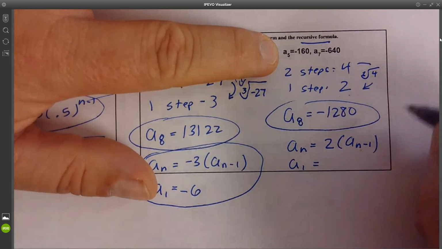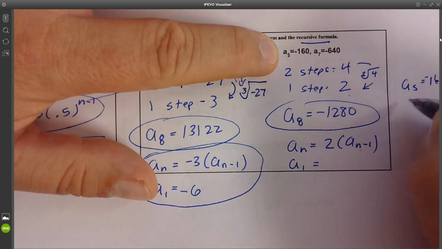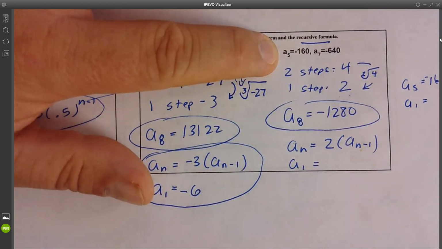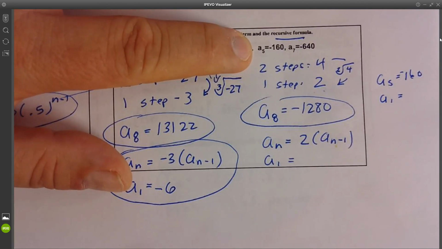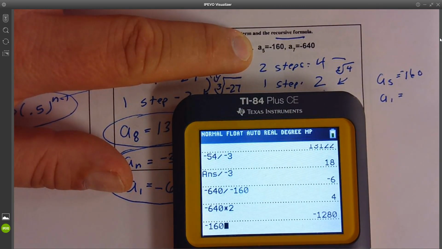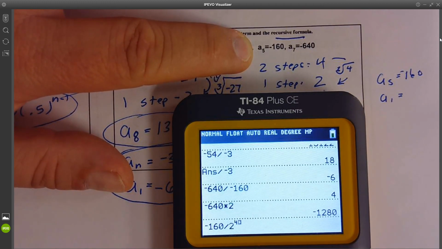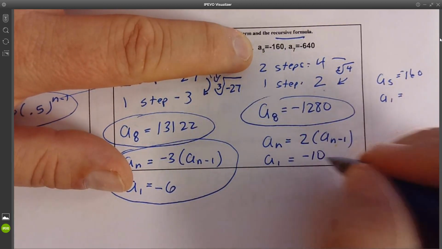We've got a sub 5, I want a sub 1. How many steps backwards am I doing? 4. So I have to divide negative 160 by 2 to the 4th power. Good. So that's negative 10.